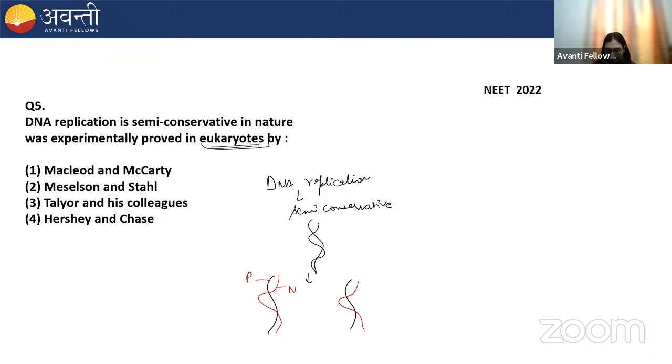Very good, Shishni. So DNA replication is semi-conservative in nature, was experimentally proved in eukaryotes by Taylor and his colleagues. They worked on Vicia faba. Remember, and they used radioactive thymine.